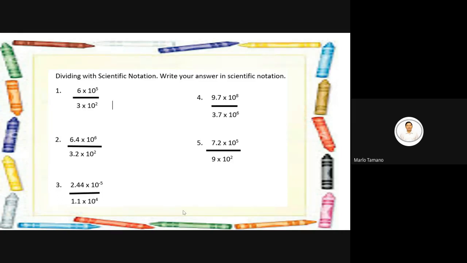Number 1. 6 divided by 3 is 2. O ano po final answer? Sabihin na sa akin ang final answer. 2 times 10 to the 7th power po. Bakit 7?